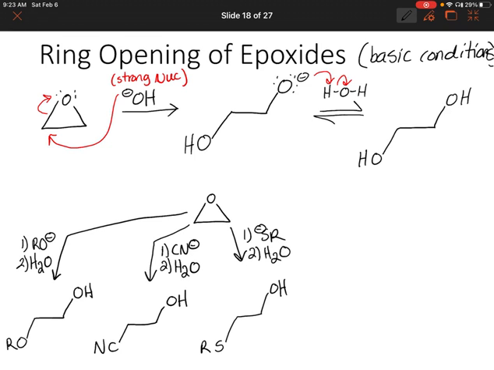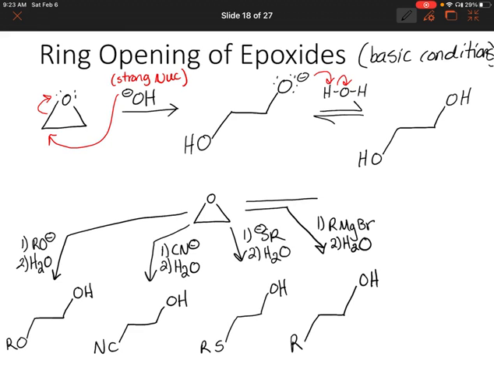We could also use a Grignard reagent. So that will count as a strong nucleophile. And this one is cool because then you're just adding more carbons onto your chain. So you could consider this almost an alkylation in a way, just a different way of adding carbons.